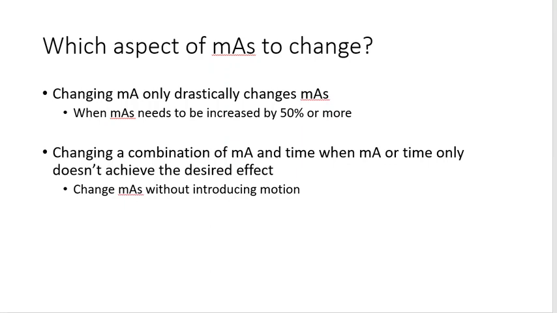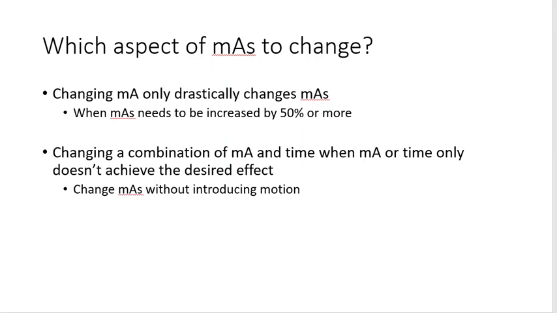But if the question asks you to increase exposure, now you need to increase your mAs. But if you double your mAs, you brought it back to the same exposure. So now you need to increase your mAs again. So this test should be fairly easy in the calculations.